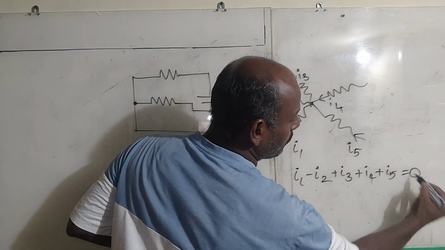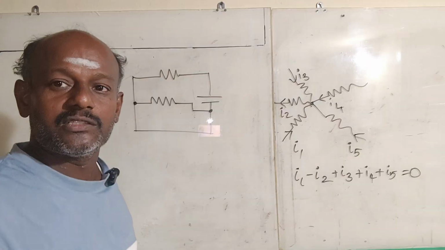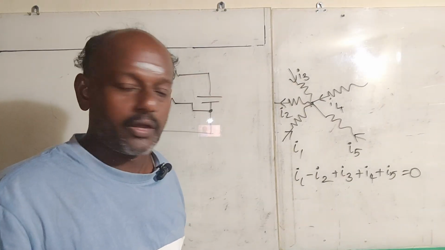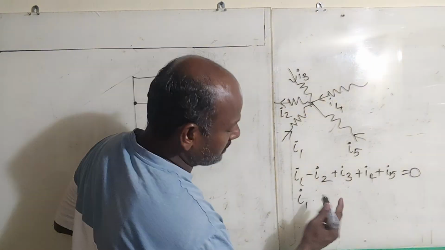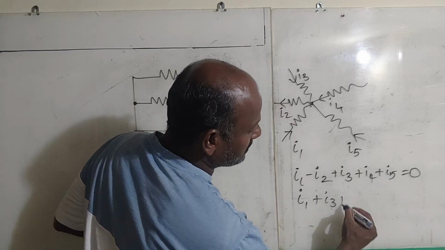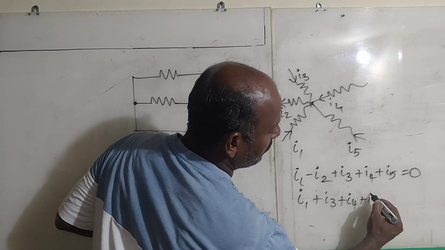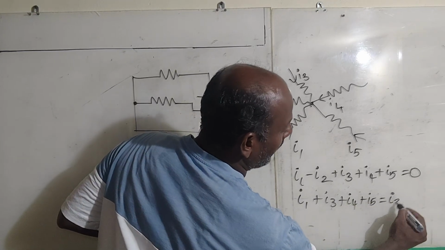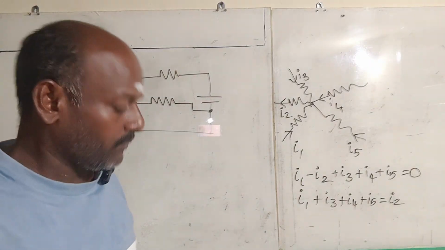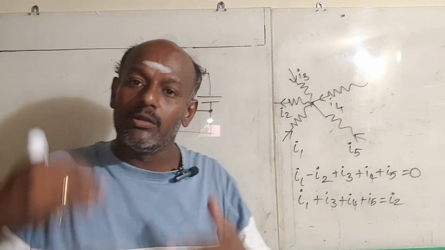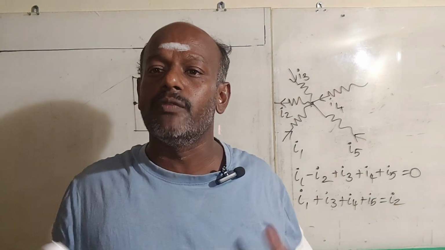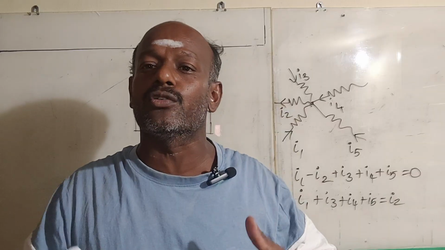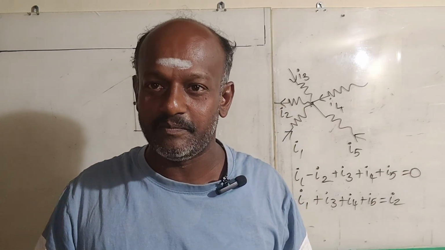So the net current is equal to zero. Thus I1 plus I3 plus I4 plus I5 is equal to I2. From this I come to know one more thing: the total current moving towards the junction is equal to the total current moving away from the junction.